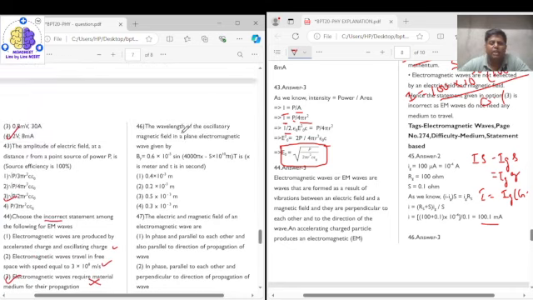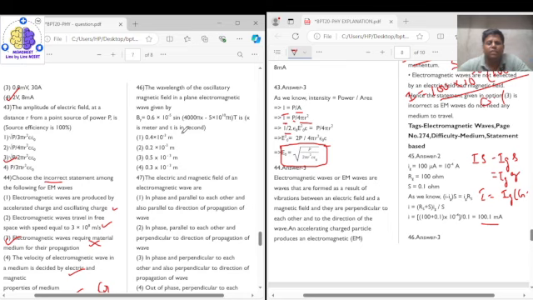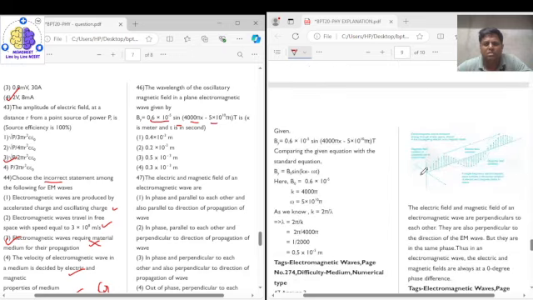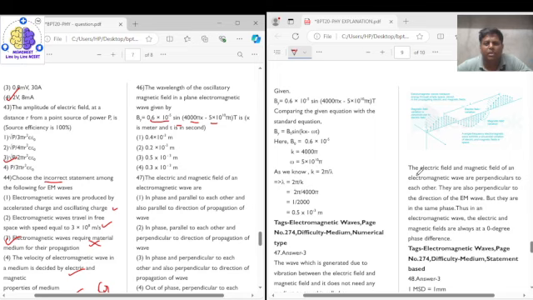Question number 46 says that the wavelength of the oscillatory magnetic field in a plane electromagnetic wave is given by B naught sine of (kx minus omega t).